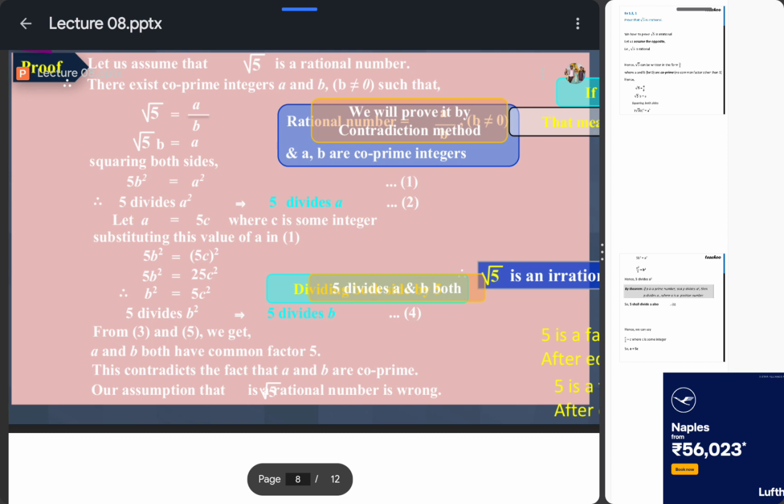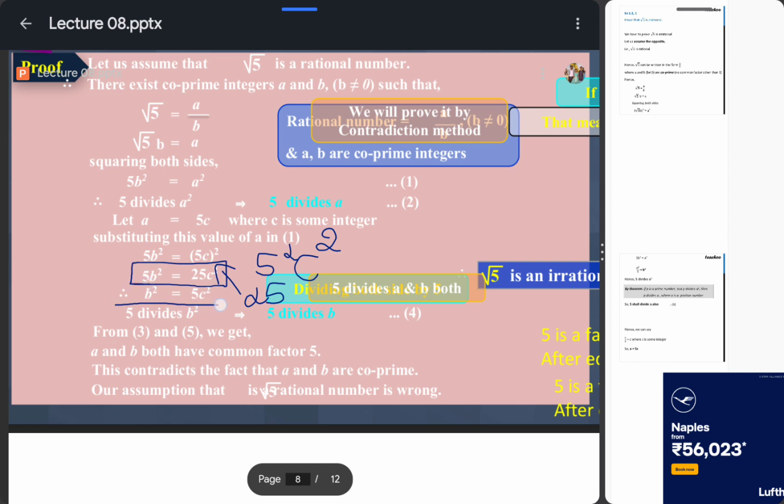Square will be applied here: 5 whole square into c square. So 5 square means 25. So we have written here 25c square. So 5b square is equal to 25c square.